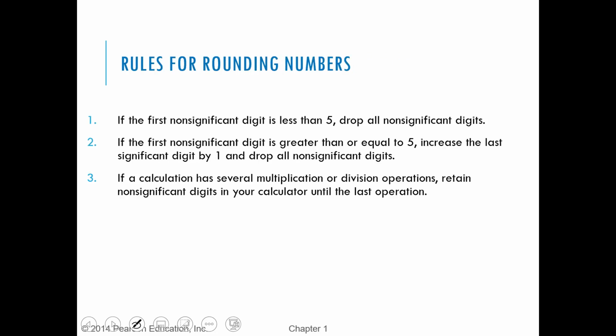So, rounding. Similar to what we did in the slide a few slides ago, if the digit is less than 5, we drop all non-significant digits. If the first non-significant digit is greater than or equal to 5, we increase.